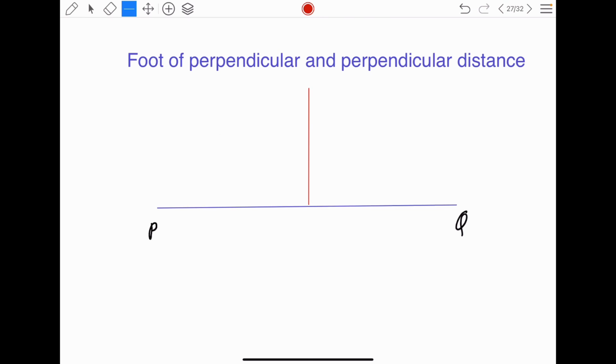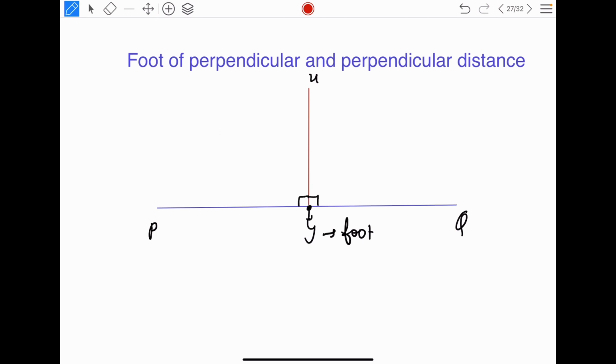Suppose your x, y. This is your perpendicular. Now what is the meaning of foot of perpendicular? Foot of perpendicular means the last point of the perpendicular, that means this point y. Point y is my foot or the end point of the perpendicular.